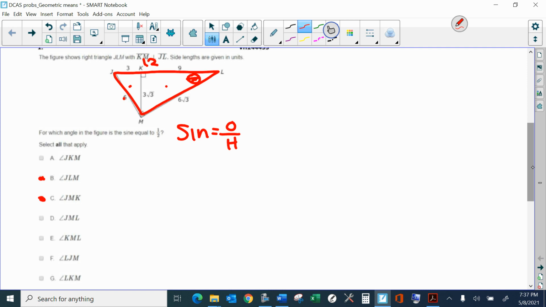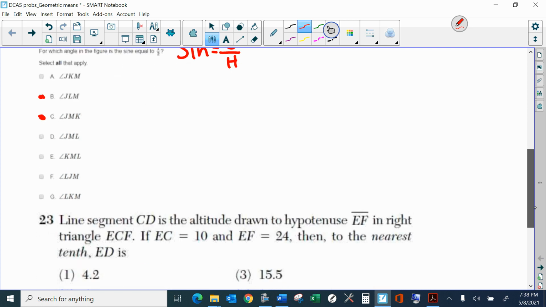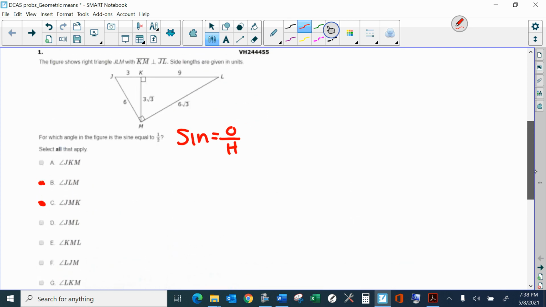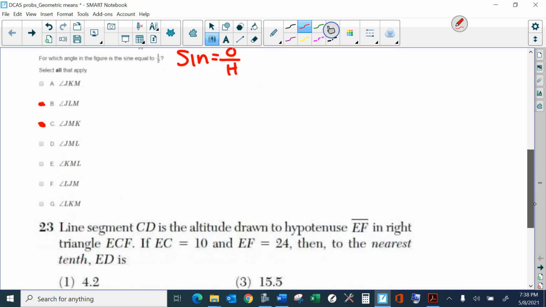So those two. That would be it because we have an overlapping one right there. So all these other ones would not work. If it wasn't for that overlapping one that had the same angle, there would have been 3.